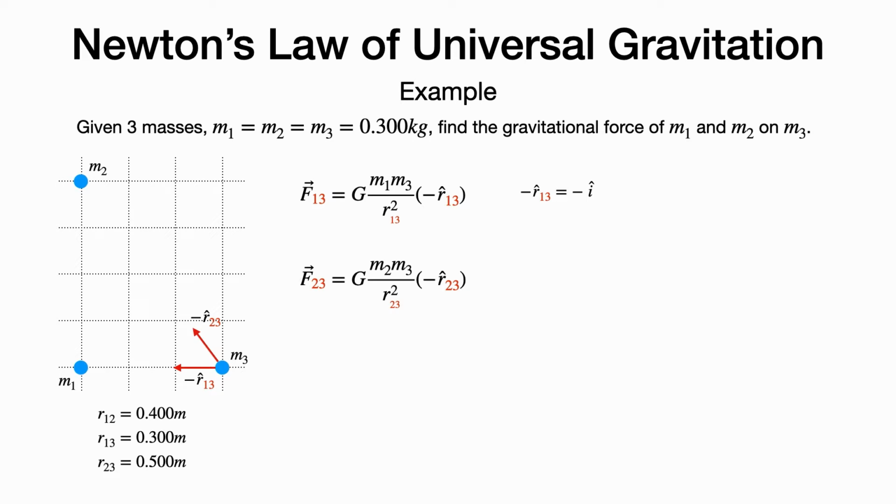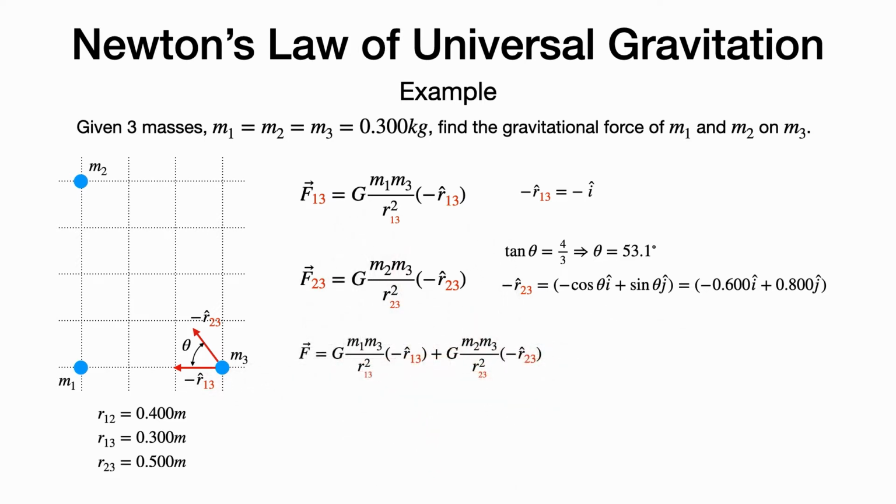And minus r hat 23 can be written in terms of unit vectors. If we notice that the angle between minus r hat 23 and the horizontal is theta, then we can compute the angle theta and the components of the unit vector. Remember, the length of r hat 23 is 1, and so minus r hat 23 is minus 0.6 i hat plus 0.8 j hat for the case of this particular triangle.